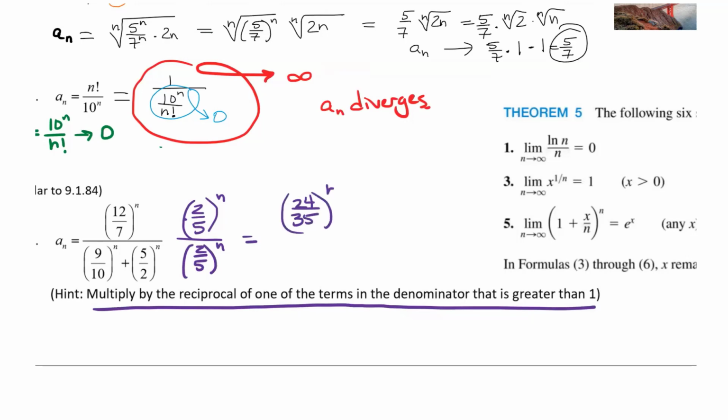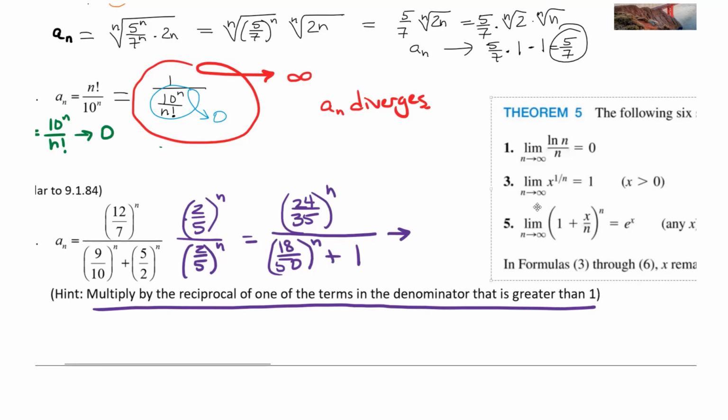And if we do that, we're going to get 24/35 to the n. Notice that's a number less than 1. And we're going to get 18/50 to the n. And we're going to get 1 to the n, which is 1. All right, so now as n approaches infinity, rule number, what was it? 4?